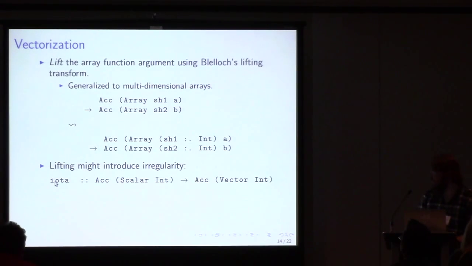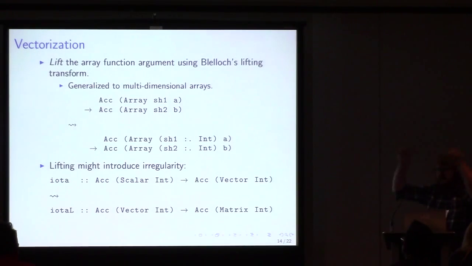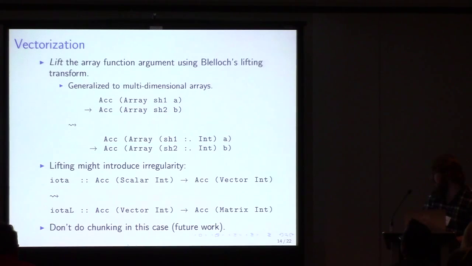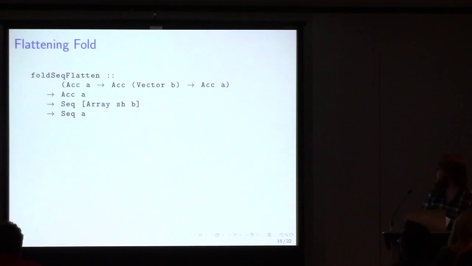Let's say you have the iota function, which takes a scalar n and produces a vector from 0 to n. If you lift that, then you're going to get a matrix where the rows have different sizes. So you could try to make it rectangular, but it might be horribly inefficient. So we just disallow that for now. That's future work. We only try to do chunking if we know the sequences are regular.